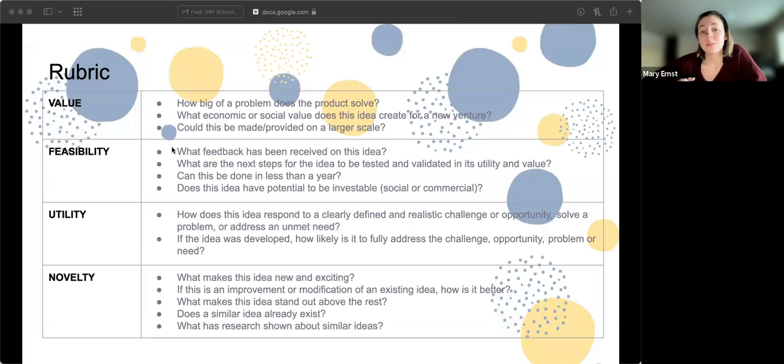Some of the rubric points and evaluation points that I would like to touch on are here, and these are some questions for you to think about while you are grading. The first one is value. This checks the economic benefits brought about by an idea.